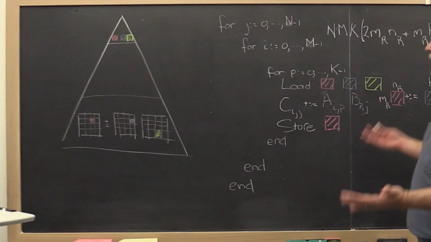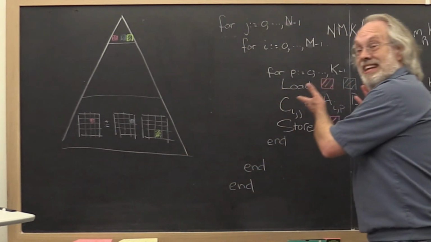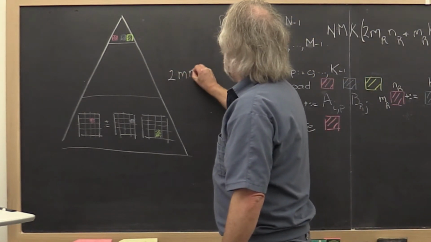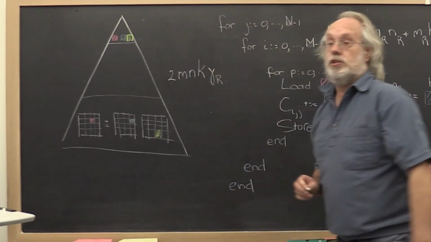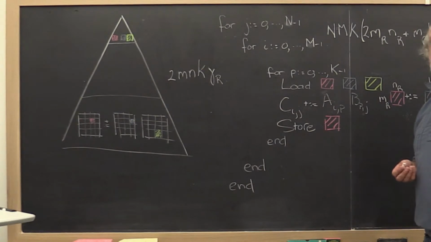And therefore we know that the total cost of the time spent in actually multiplying is still going to be 2 times m times n times k times the time it takes to do a floating point operation. So we don't need to spend too much time analyzing that, although in the notes you will find all of the formulas that will walk you through all of that.